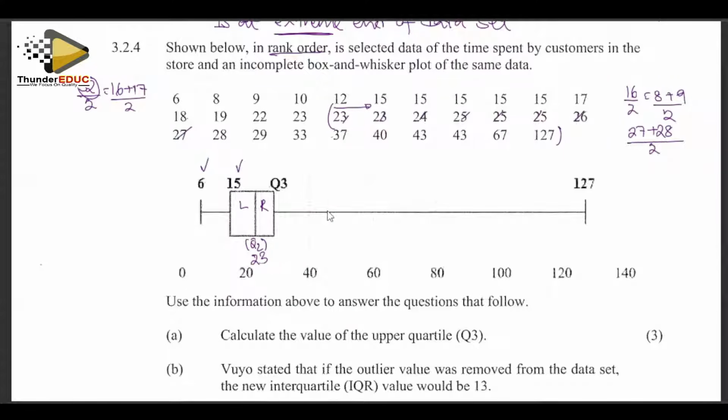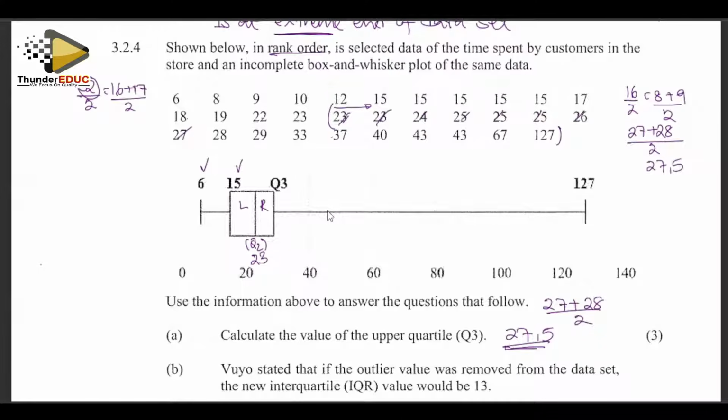So 27 plus 28 divided by 2, it's 27,5. So the value of Q3 is 27,5. Please, you show how you got it, because these are 3 marks.